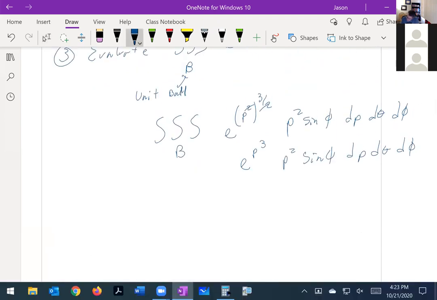So now what are the limits of integration? Well, it's on the unit ball, right? It's on the unit sphere. So let's look at the limits of integration on this sphere.